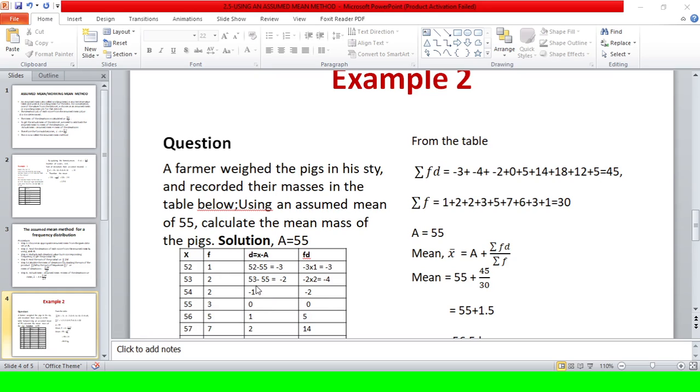So D for the next value, 53 minus 55, will be negative 2. 54 minus 55 will be negative 1. 55 minus 55 will give you 0.